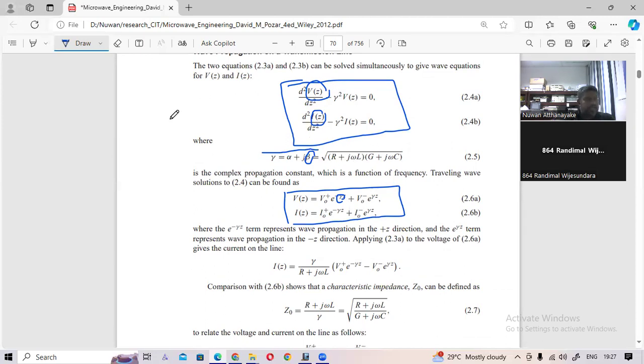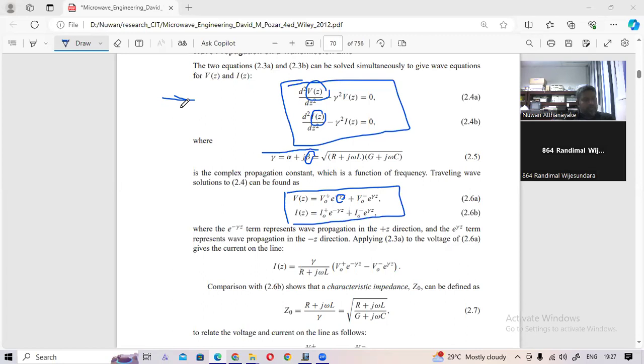I told you that if it is a transmission line, the signal is propagating. We will come to this point.